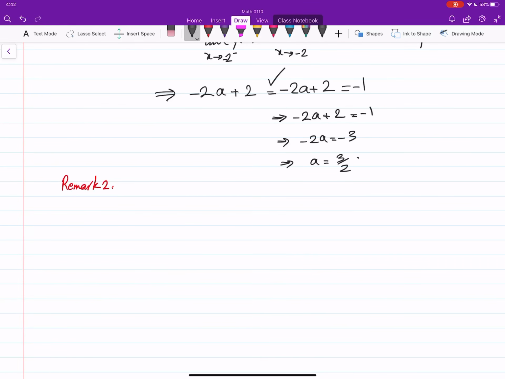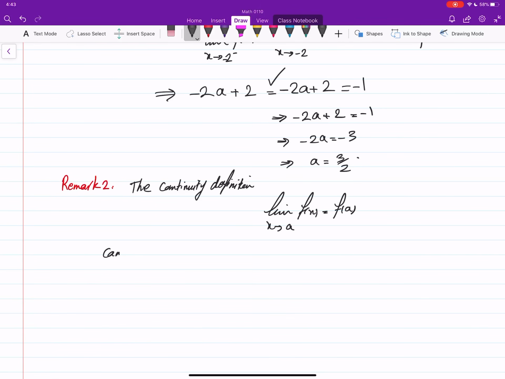Remember the continuity definition, which is, well, what is it? The limit of the function as x goes to a equals f of a.